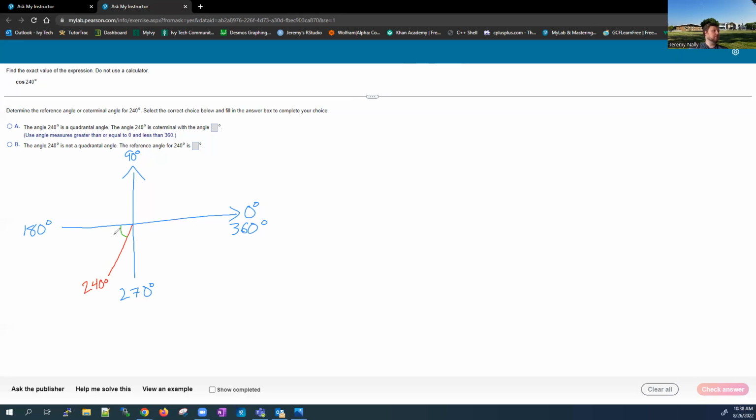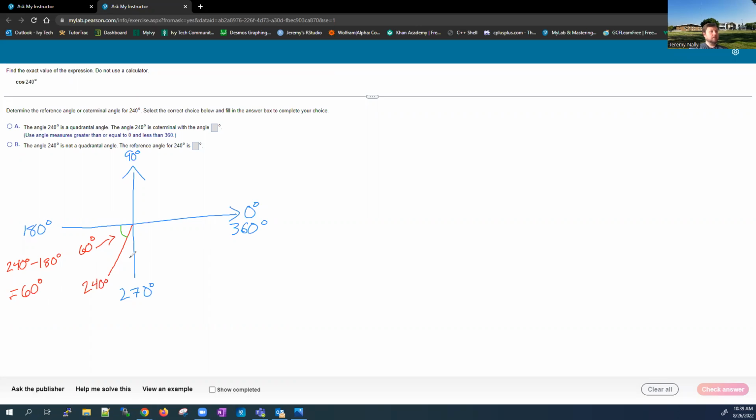So then to figure out what this is, we're going to take 240 degrees minus 180. Okay, so I get 60 degrees. So that's my reference angle.